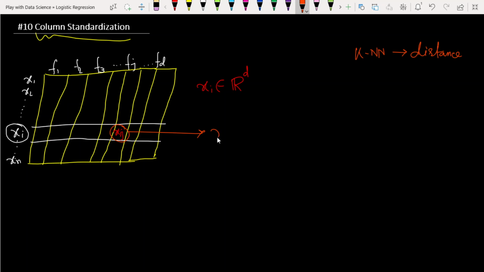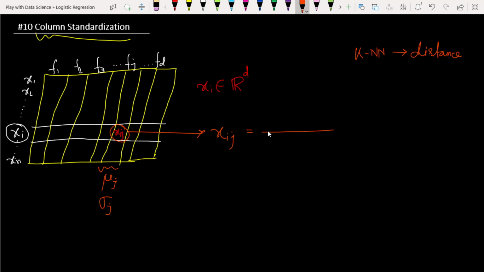How do we standardize? First we calculate the mean of feature j, let's call it mu j, and its standard deviation, sigma j. With the help of the mean and standard deviation of feature j, we standardize the data. Our original data is xij, and we have to standardize it.